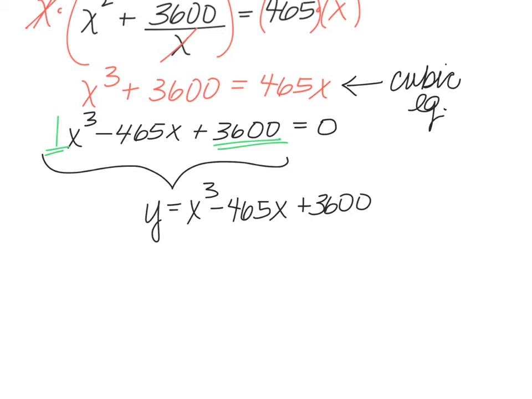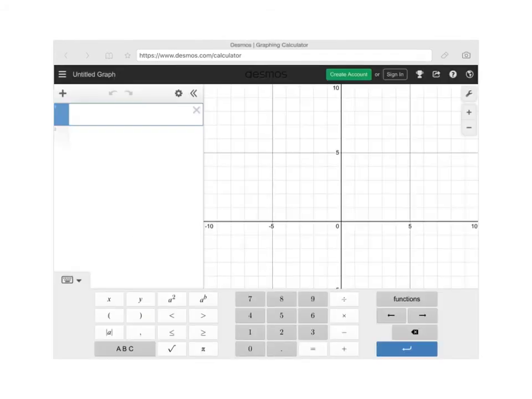So I'm going to go to a new page here and bring in Desmos, since I don't have a graphing calculator on here. And I'm going to graph the function in Desmos. I'm hoping right now that you're graphing it on your graphing calculators.